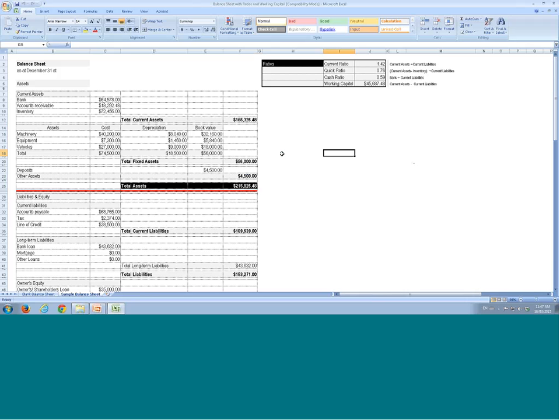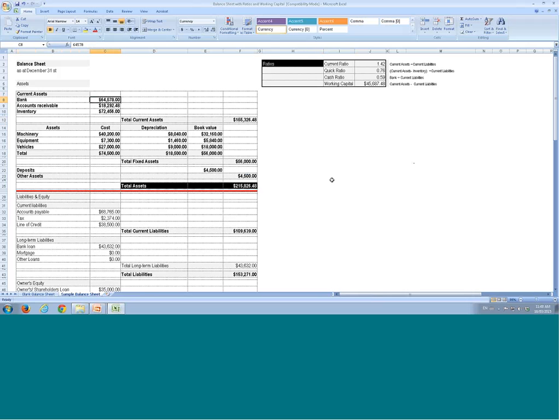So on the screen now, you will see a balance sheet for a business. And I've inputted some numbers in here for a small business. So on the left-hand side here, you will see the current assets. In this case, this business has $64,578 in the bank.